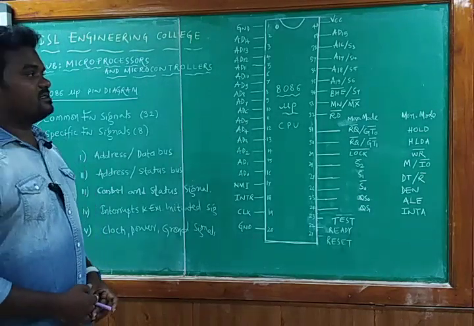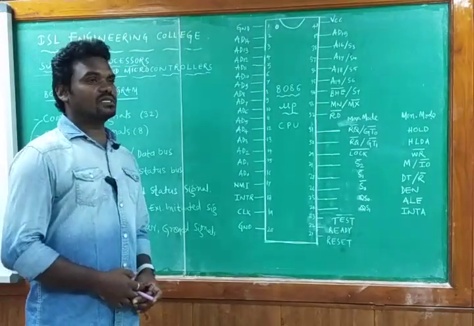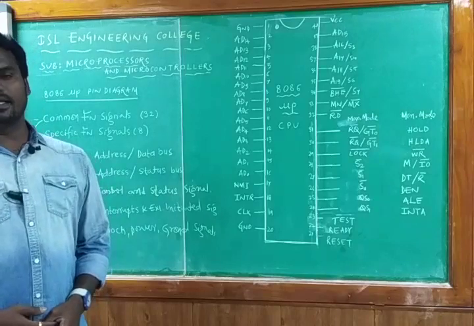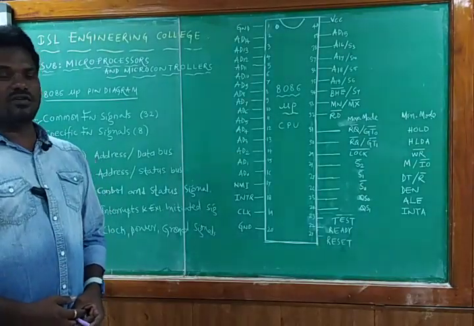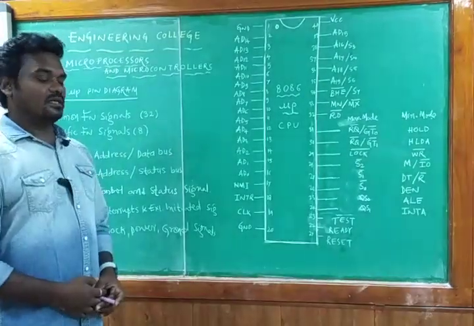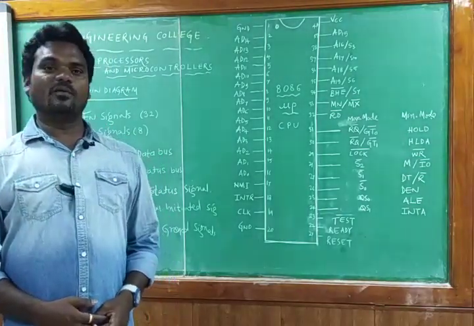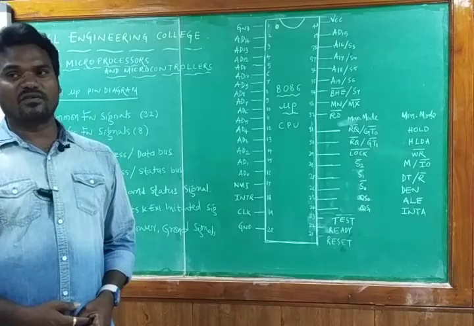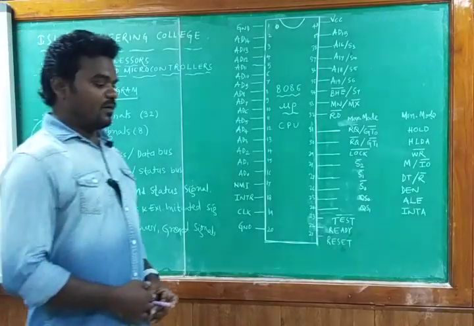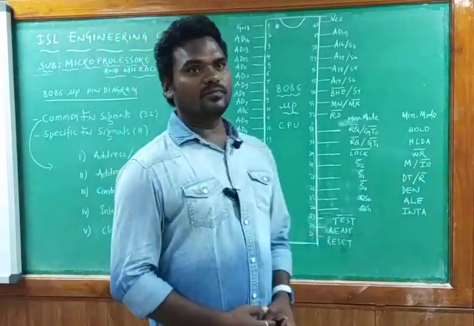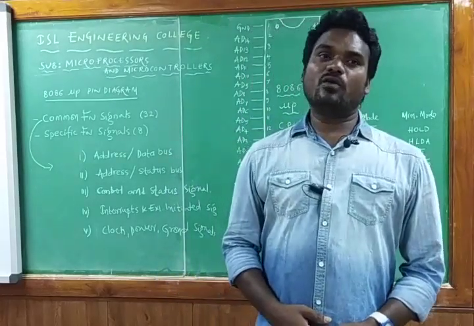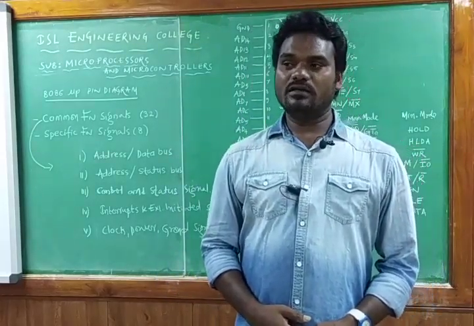In the last classes, we discussed that the microprocessor is a 40 pin integrated circuit. Out of the 40 pins, 32 pins serve the common functionality in the minimum mode and maximum mode of operation. Minimum mode of operation is when no other coprocessor is required.